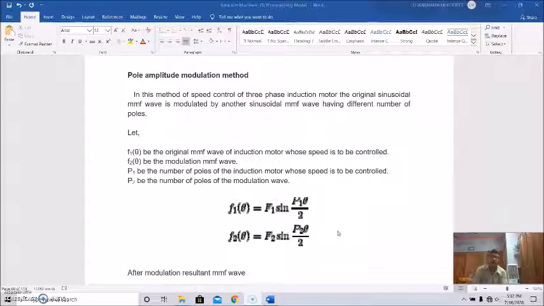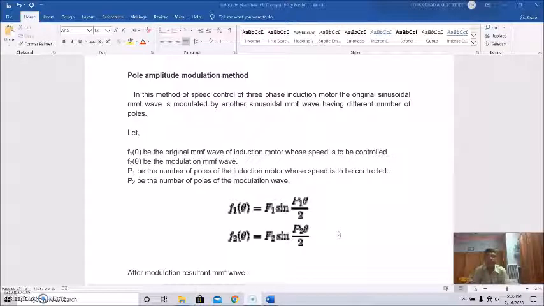This is the main theme of the pole amplitude modulation method, where the original MMF wave, which is sinusoidal in nature, is modulated by another sinusoidal MMF wave having a different number of poles.